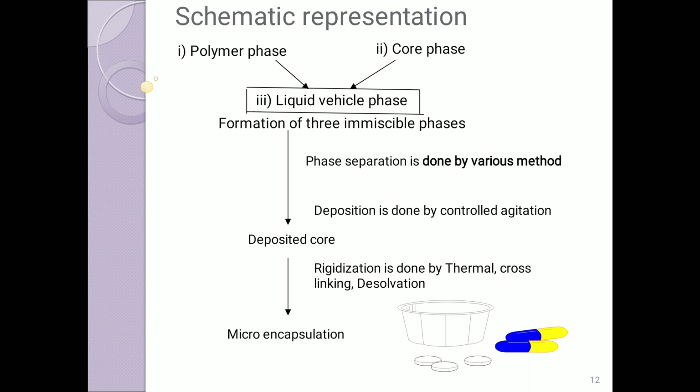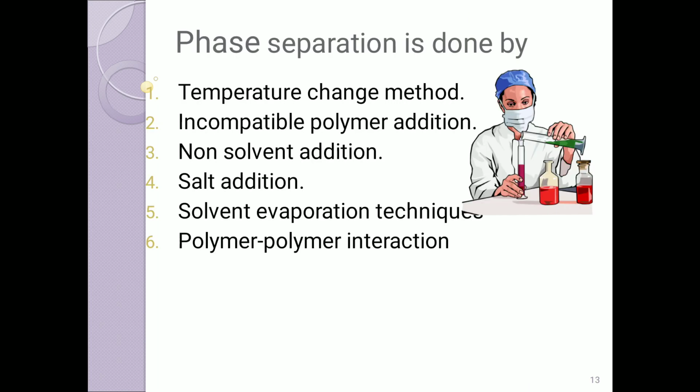Then finally you obtain the microencapsulation. Microencapsulation means the inner side is the drug and the outer side is the polymer coating. As we discussed previously, the advantage of microencapsulation is protection from the environment, right?